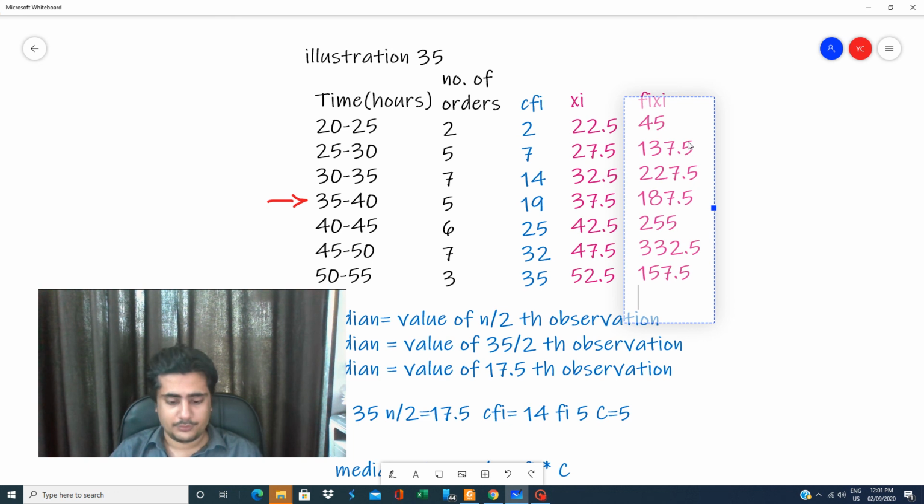45 plus 137.5 plus 227.5 plus 187.5 plus 255 plus 332.5 plus 157.5. It's 1342.5.